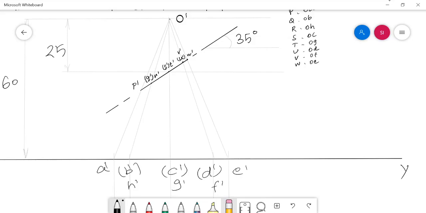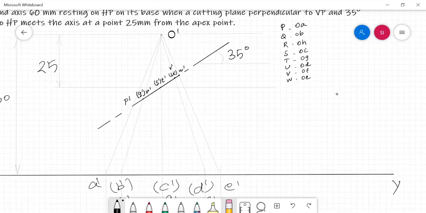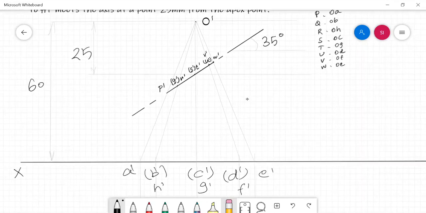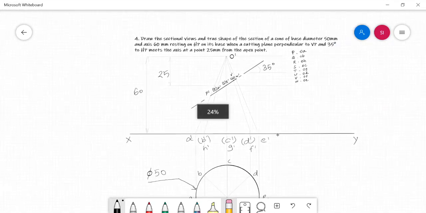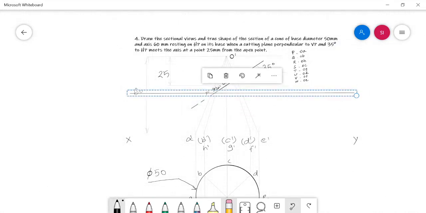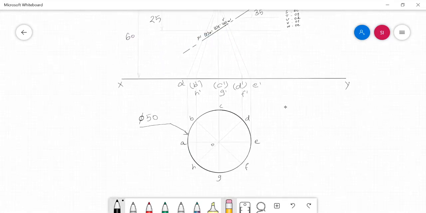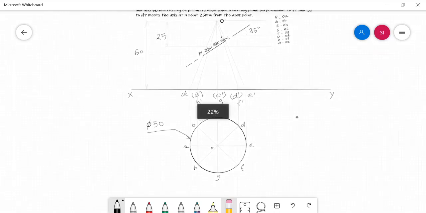So this is nothing but the address of each and every cut point, and then we have to project these cut points towards the top view in order to mark them.